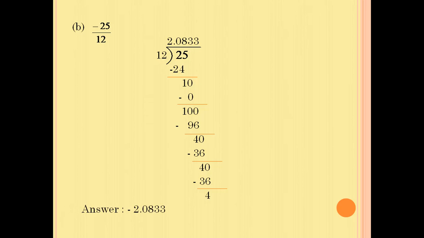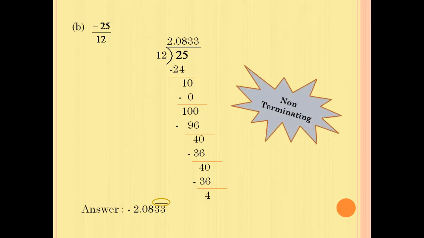The point to be noted is that it is a negative rational number, so the answer will also be negative. And I will put a bar over 33. This bar means that the number is repeating again and again. We put the bar on the numbers that keep on repeating. So this bar is really important. This decimal comes out to be a non-terminating decimal because my process is not coming to an end.